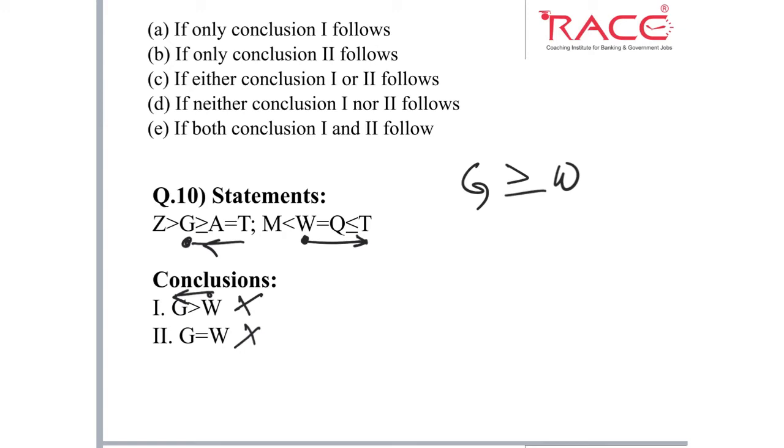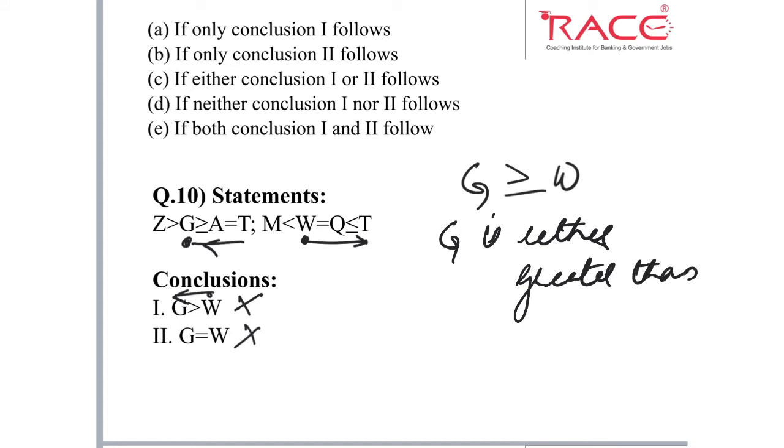But if we combine both conclusions, you can see what this sign means: G is either greater than or equal to W. So we can see we have greater than and equal to.